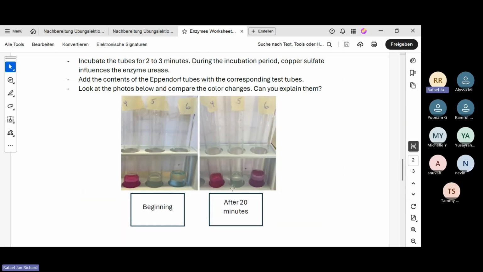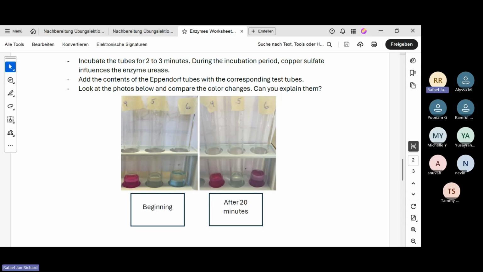There is no color change at all. So this is a much more severe effect on the enzyme activity than we saw with thiourea, which was a competitive inhibitor. This one kind of destroys the enzyme, at least for a certain amount of time.